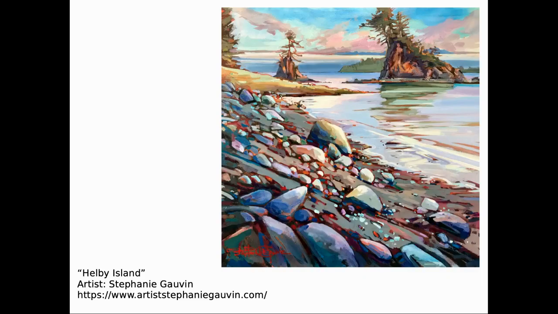So let's look at an example. This is from Rosalind artist Stephanie Gauvin. It's her painting Helby Island from the coast. And if you look at this beach scene, she's got a huge, beautiful variety of neutral colors. There's all these little different shades of grays and browns and things. But also in there, she's got these bright pops of little colors.